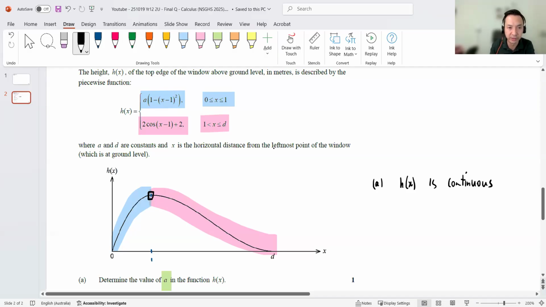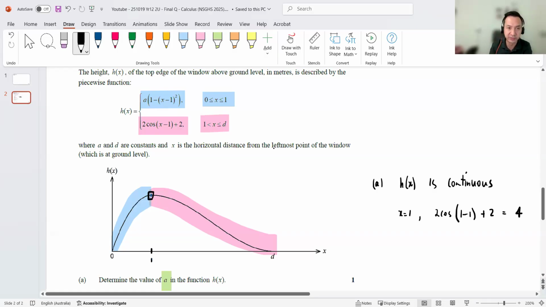For the function in pink, if I sub in x equals 1, it'll give me a y value. So when x equals 1, 2 cos(1 minus 1) plus 2 equals 2 cos 0 plus 2. Cos 0 is 1, so that equals 4.